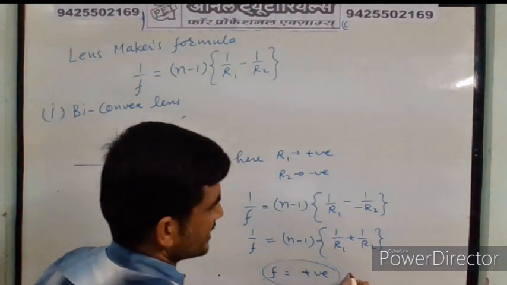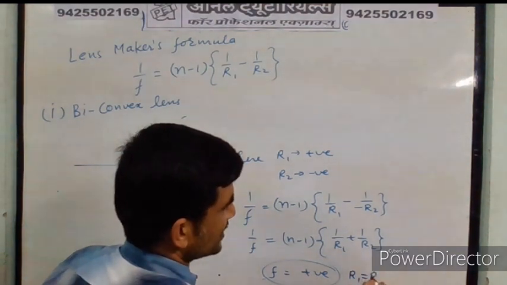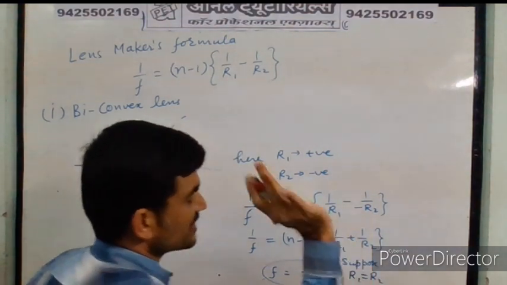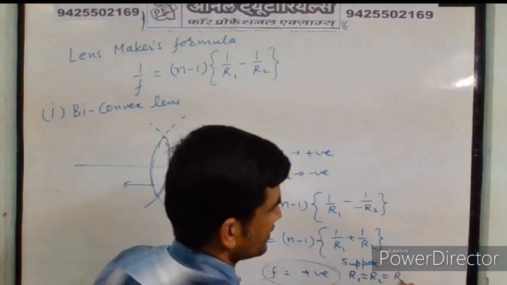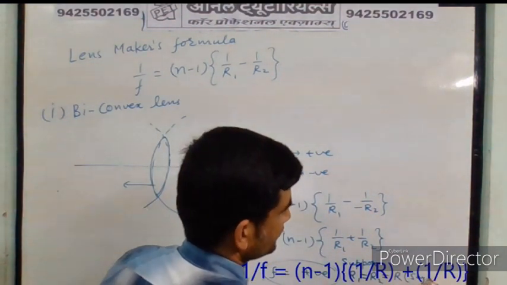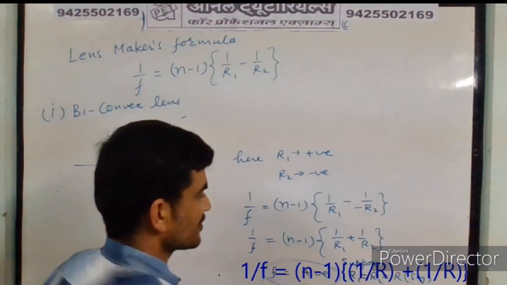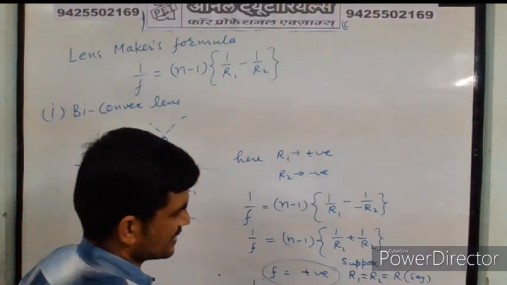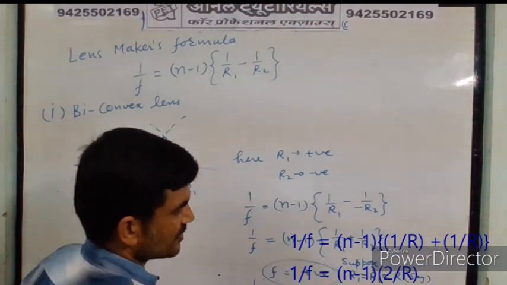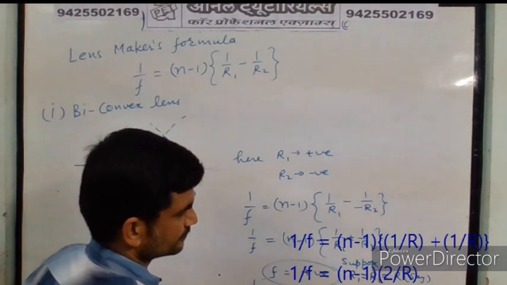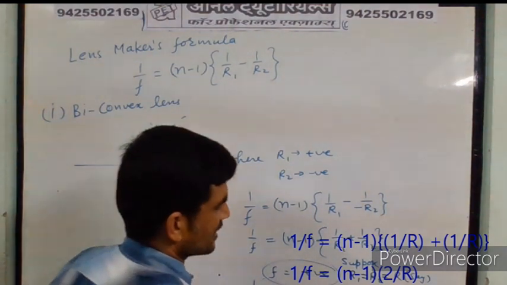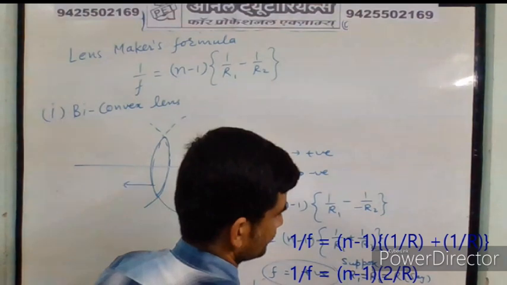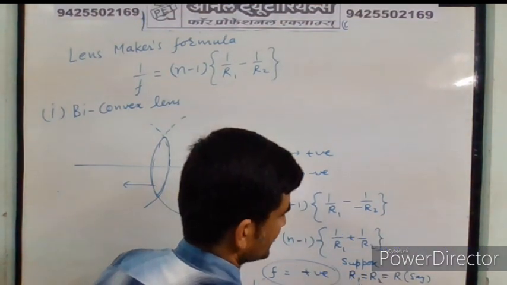Now just see one thing we will take. Suppose R1 is equal to R2, say both are equal to R. Then what shall we get? 1/f is equal to (n - 1) times (1/R + 1/R), so you will get 2/R here.